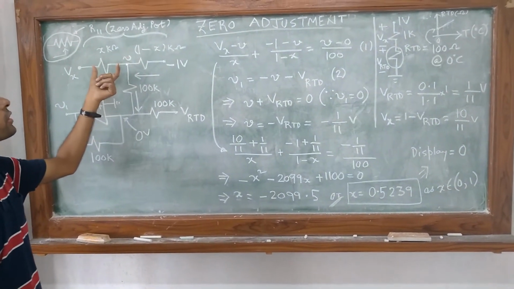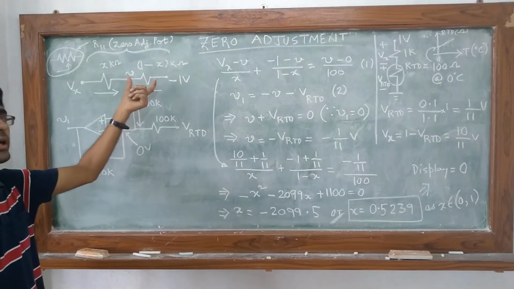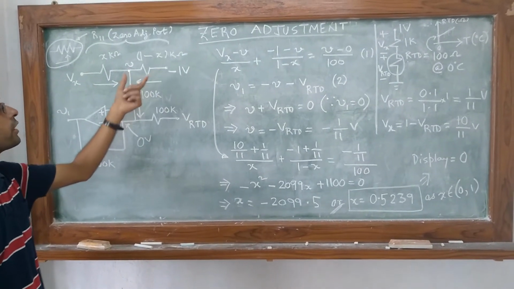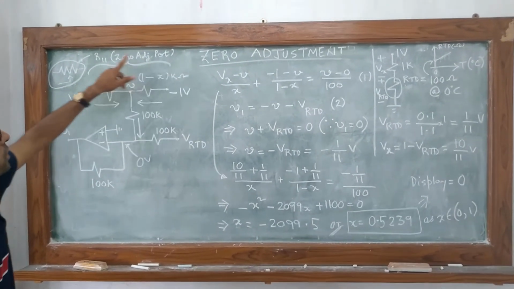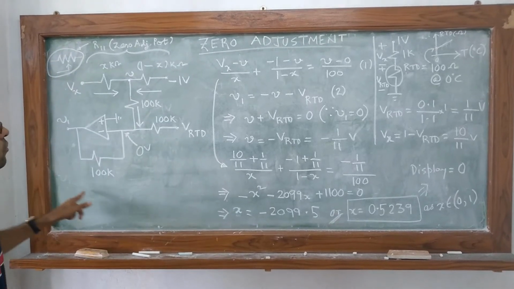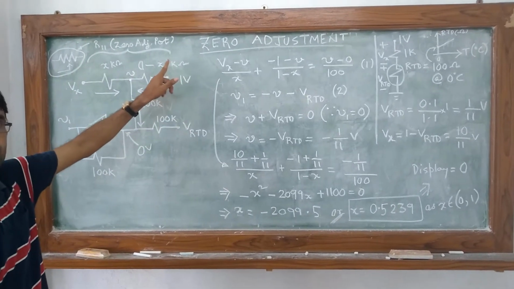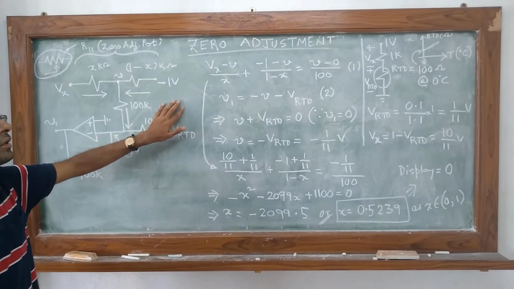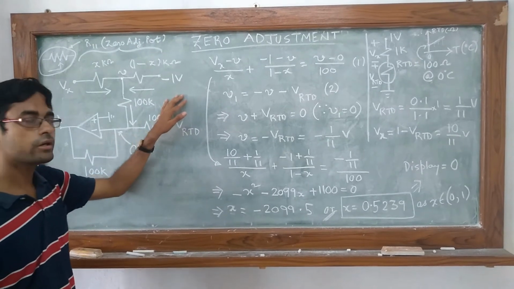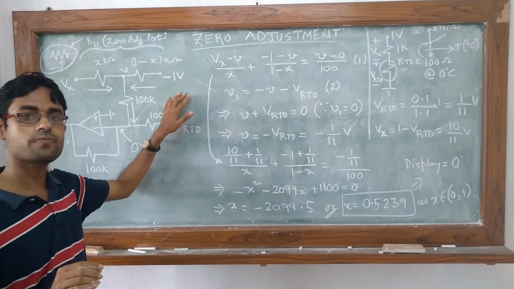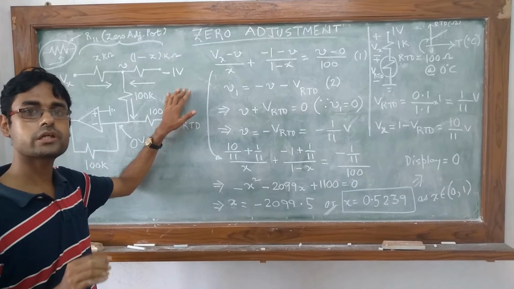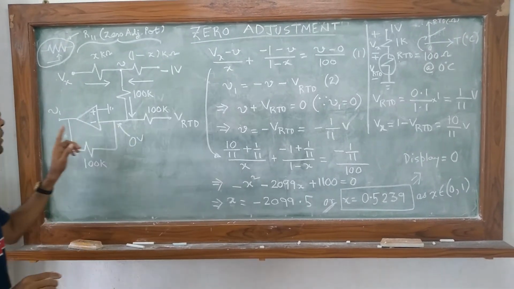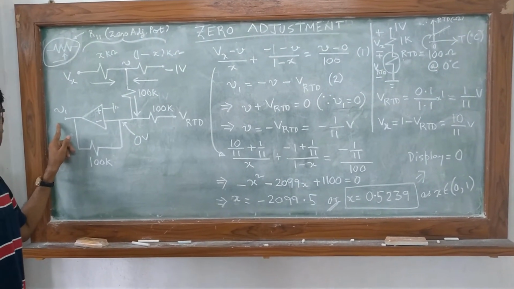We can break it up into an x kilo ohm and 1 minus x kilo ohm, and then we can analyze only this particular portion of the circuit, keeping in mind the idea that if we want to display 0 for 0 degree centigrade, then V1 must be 0.